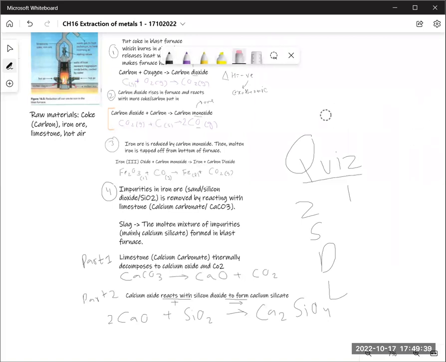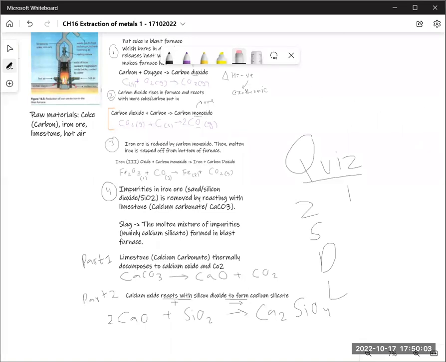So the second question is, how is molten iron removed from the blast furnace? By burning? No. How is it removed or taken out of the blast furnace? Think.